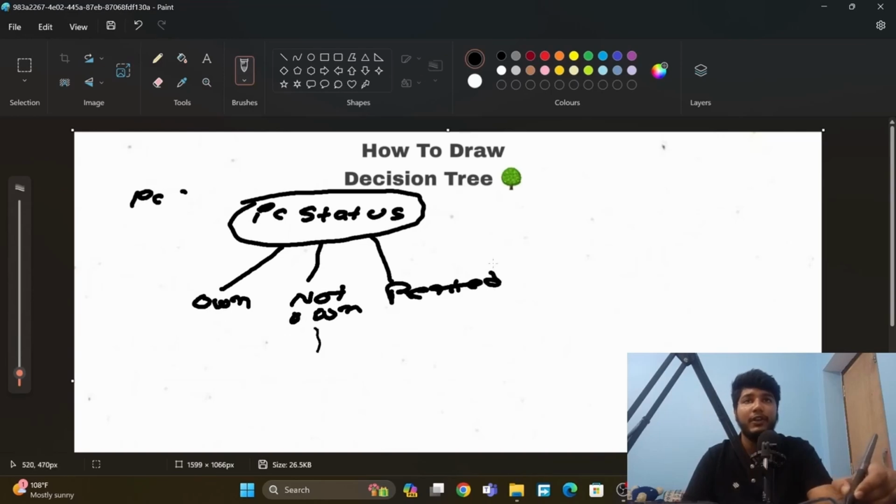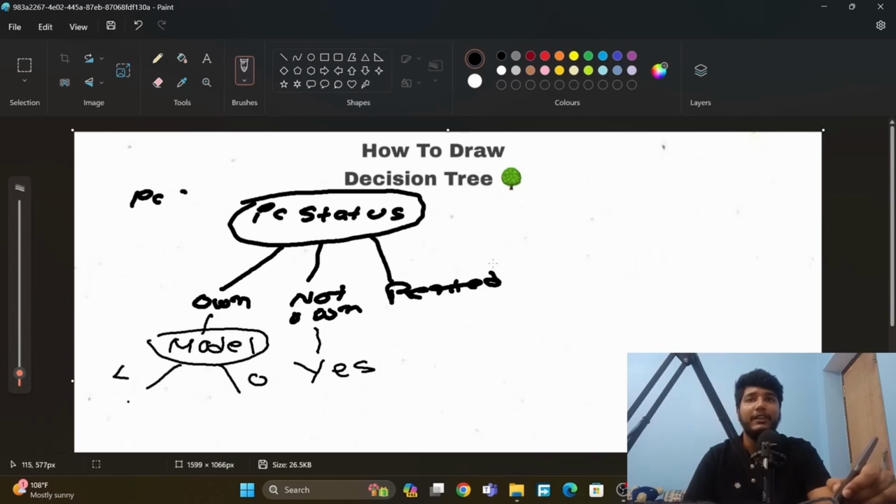In not own, we already know the value will be yes, he should buy a PC if he does not own a PC. In own, the node is model, with latest and old. If he has the latest model, he should not buy a PC. If he has an old model, yes, he should buy a PC.